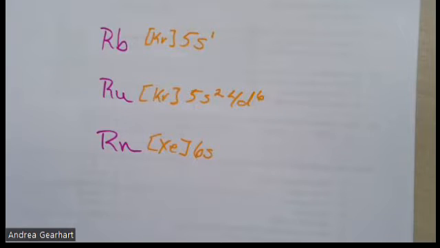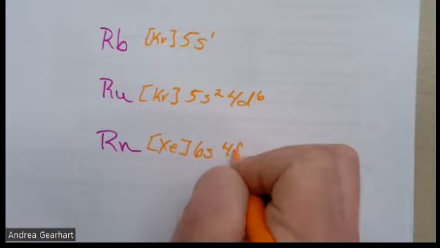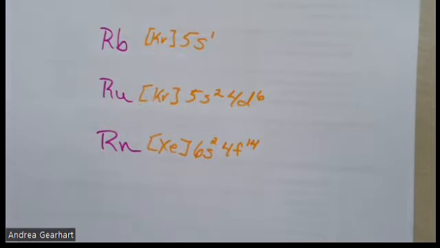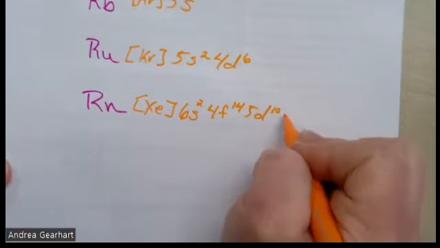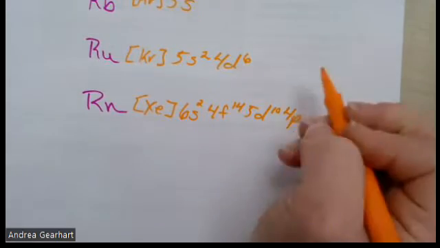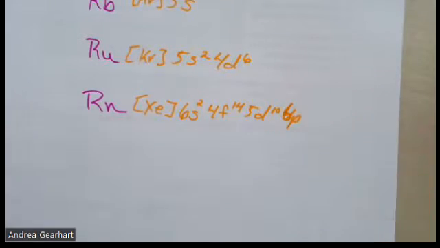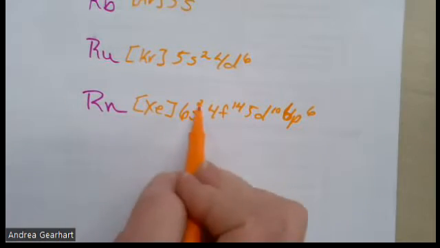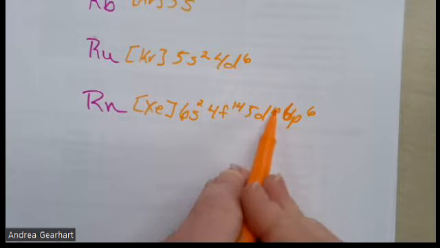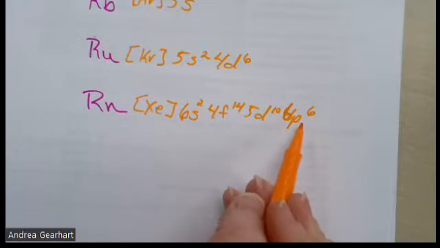So we have to remember after 6s that we go to the F, then back up to the D, and we'll need all of them. And then radon is the 6th position over in 6p. So that would be xenon, brackets, 6s2, 4f14, 5d10, 6p6.